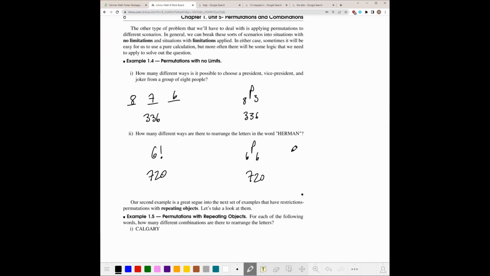And if I really wanted to, I could do this. Watch. I could say it's equal to 6 factorial over 6 minus 6 factorial. And then you'll say, whoa, Mr. Herman, you've got 0 factorial as your bottom. And you'll say, that's illegal. You can't divide by 0. Get ready for this. 0 factorial does not equal 0.